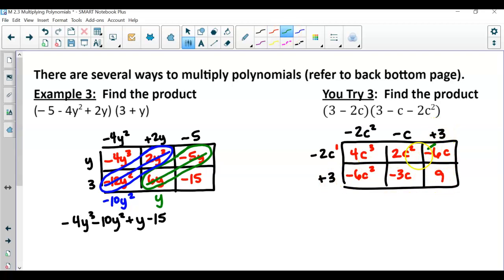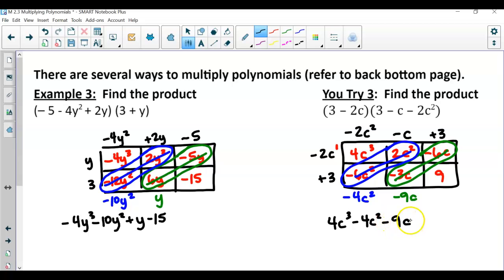Now, like terms, you have two c terms here, negative 3 minus 6, negative 9c. Then here, c squared, you've got negative 6 plus 2, negative 4c squared. Now you can write your final answer. You have 4c cubed minus 4c squared minus 9c plus 9.